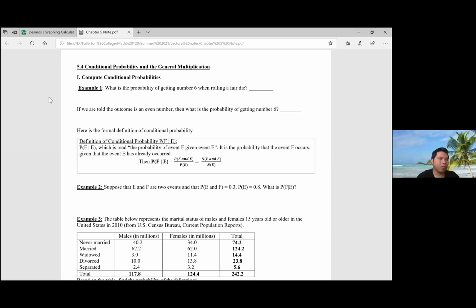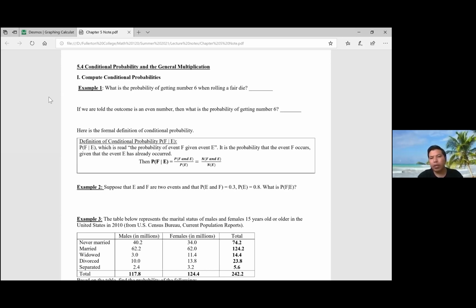All right. So now let's start building up this section 5.4 slowly, right? So suppose I'm rolling a die, and I want to get a number 6, okay?